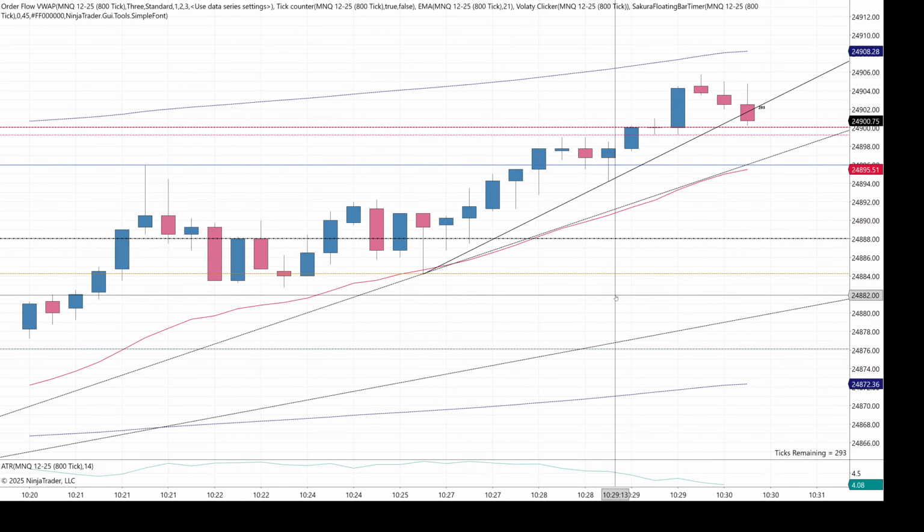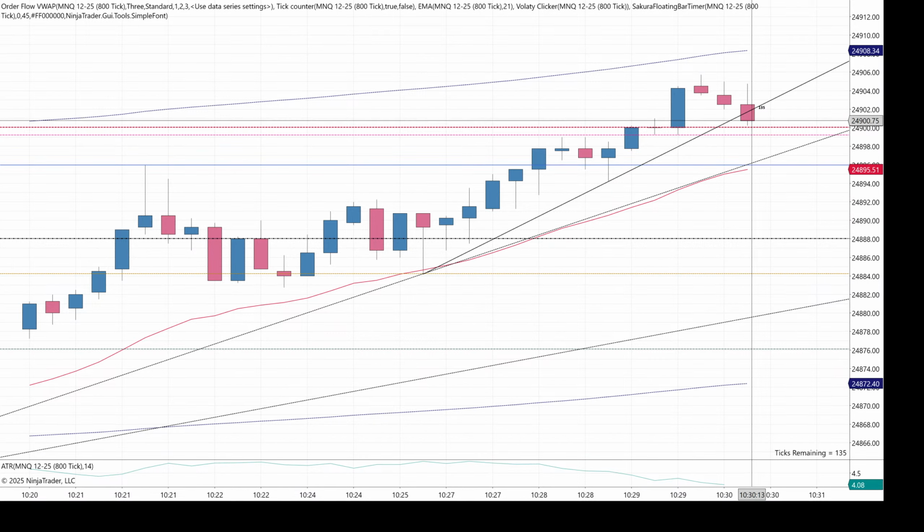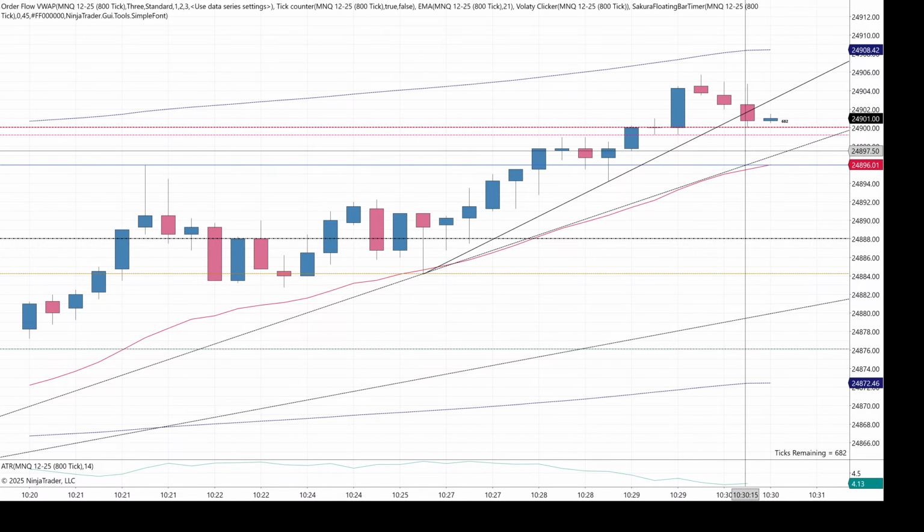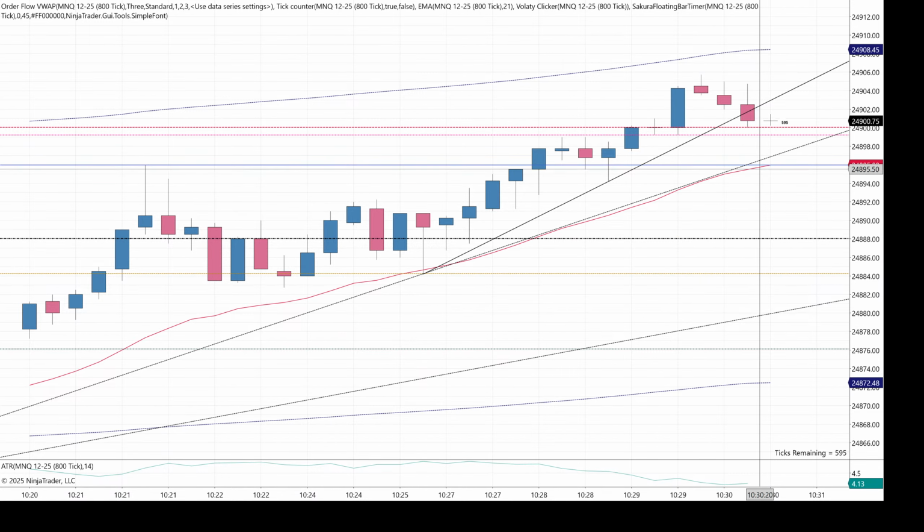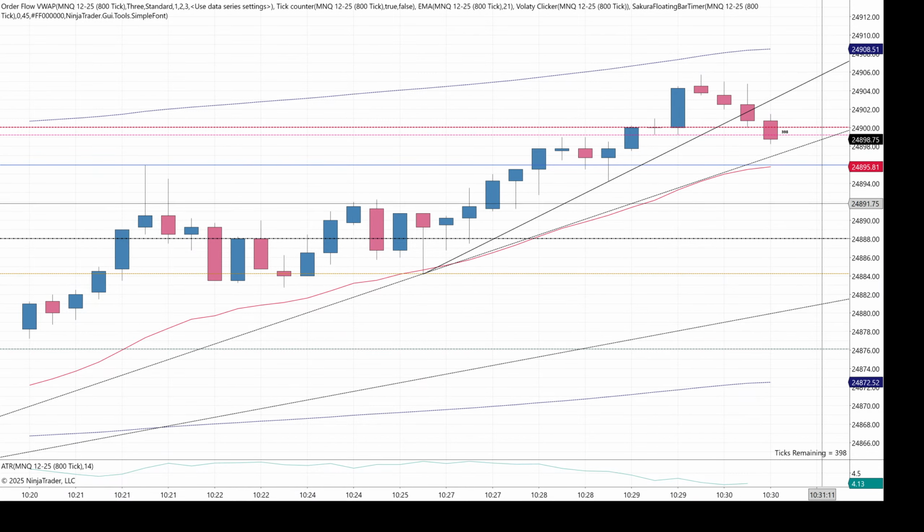Okay. If this closes below 900 and triggers, it's technically a signal to go lower. But we can't take it. We still can't take it.